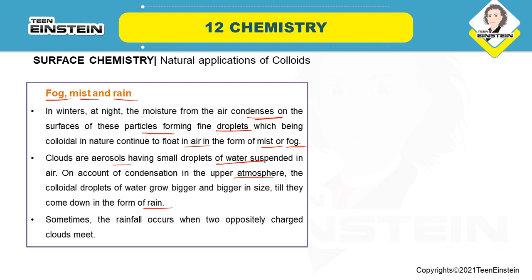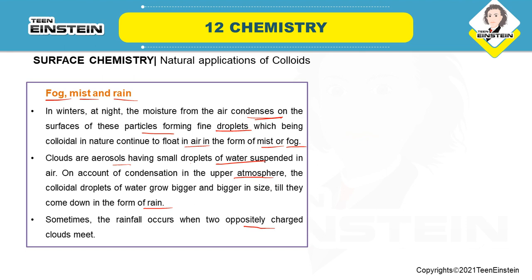You can also call it a type of precipitation. So this is one way by which rain is formed. Another way rain can be formed is if two oppositely charged clouds meet, then there will be neutralization of charge. As a result, they will combine with each other and it will precipitate because of gravity. Fine.